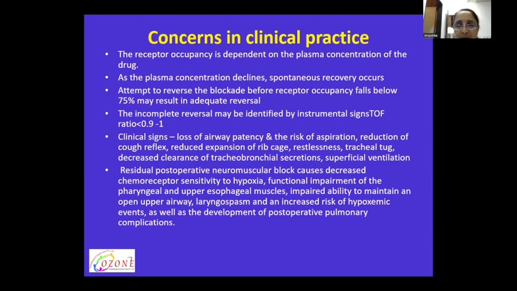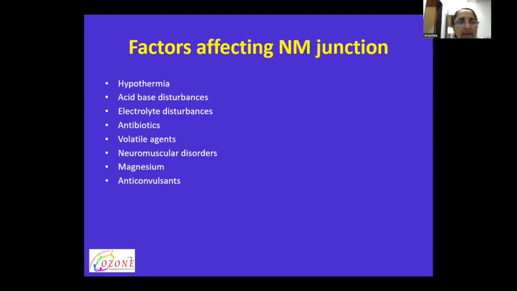That may lead to laryngospasm and increased risk of hypoxemic events as well as development of postoperative pulmonary complications. PPCs are more likely to occur if NM blockers are being used in the intensive care unit. So day and night we can observe these signs and symptoms of inadequate muscle reversal.